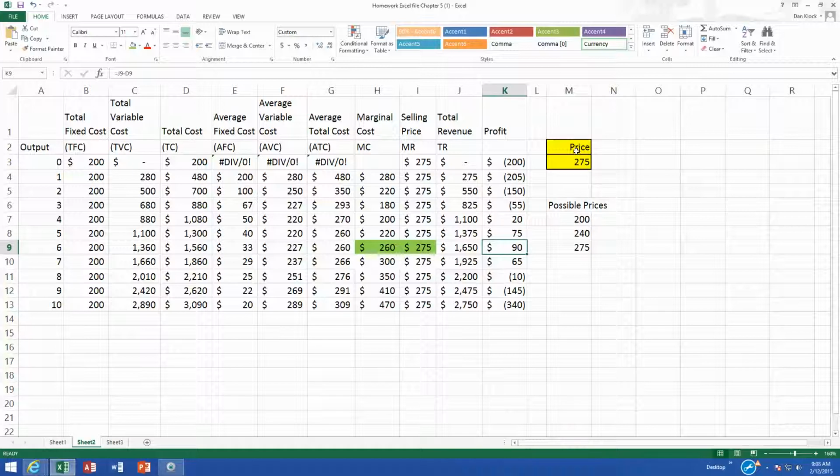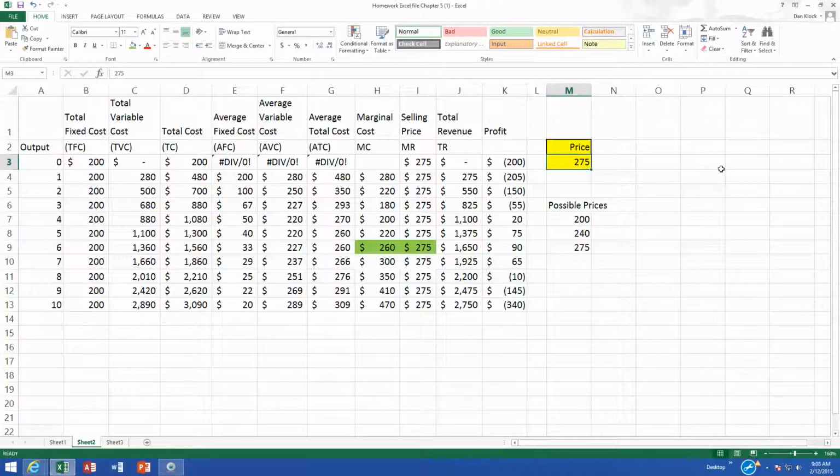But if the price drops more, so let's see, there's overabundance of scarves on the market, or again, the textbook talks about t-shirts, the same sort of thing. Again, this is pure competition. So if my numbers drop to 240, then notice there's no place I'm making a profit.